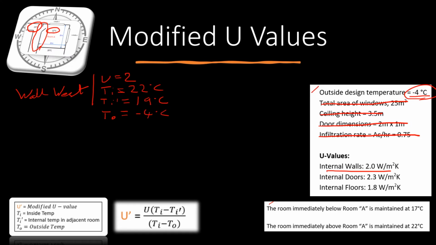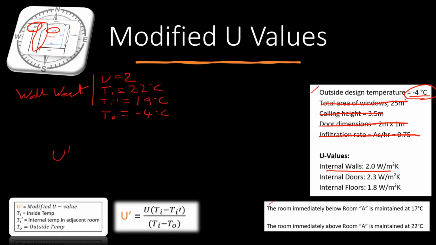Excellent, right. So for all my modified U value calculations for this room, the Ti is always going to be 22, the To is always going to be -4. The only things that will change are the initial U value and that Ti apostrophe, depending on what room it's adjacent to. So let's give this calculation a shot.